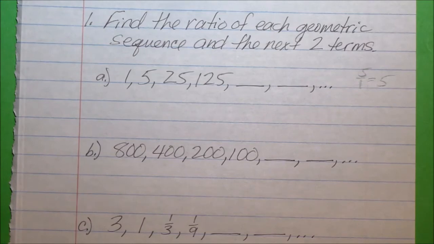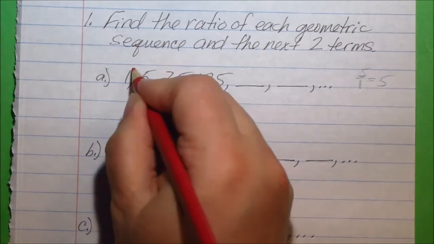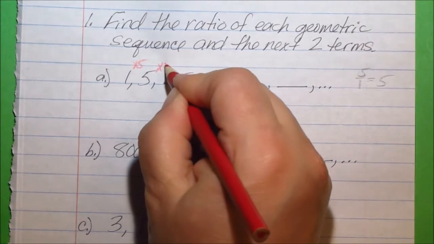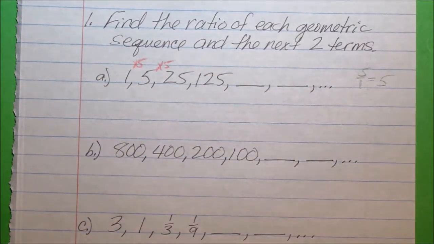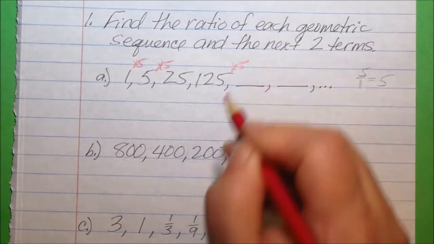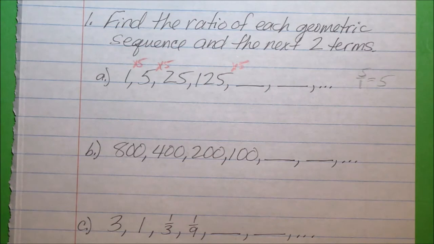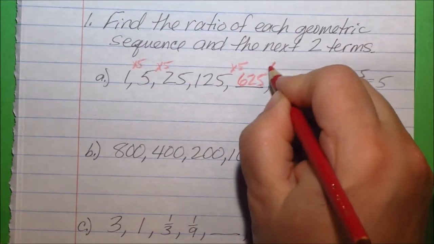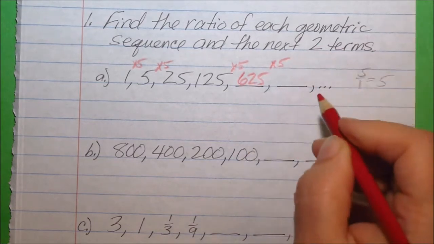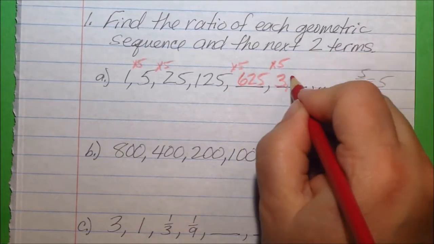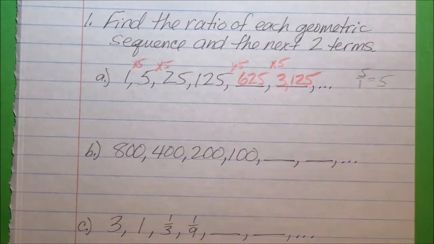So whatever I do, I can see that 1 times 5 is 5. 5 times 5 is 25, and so on and so on. So 125 times 5 is 625. So that's my next term. And 625 times 5 is 3,125. All right? That's how we do it.